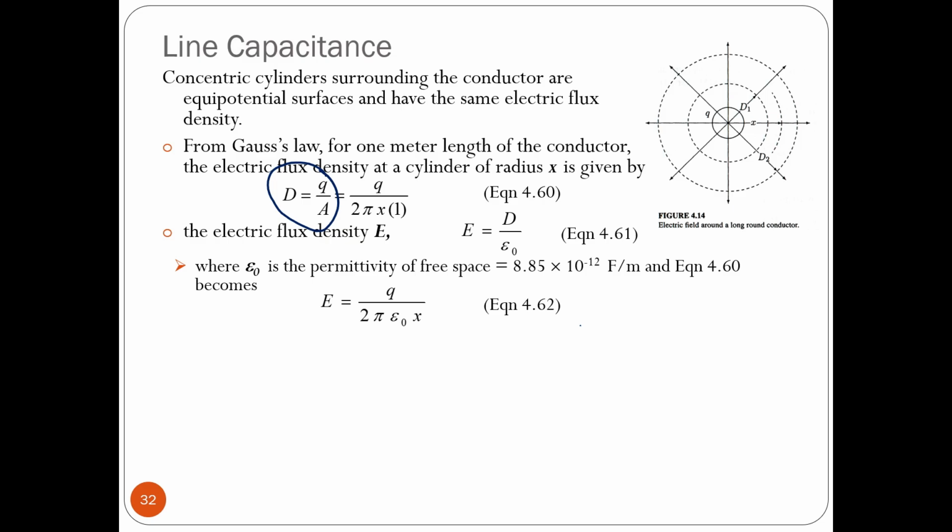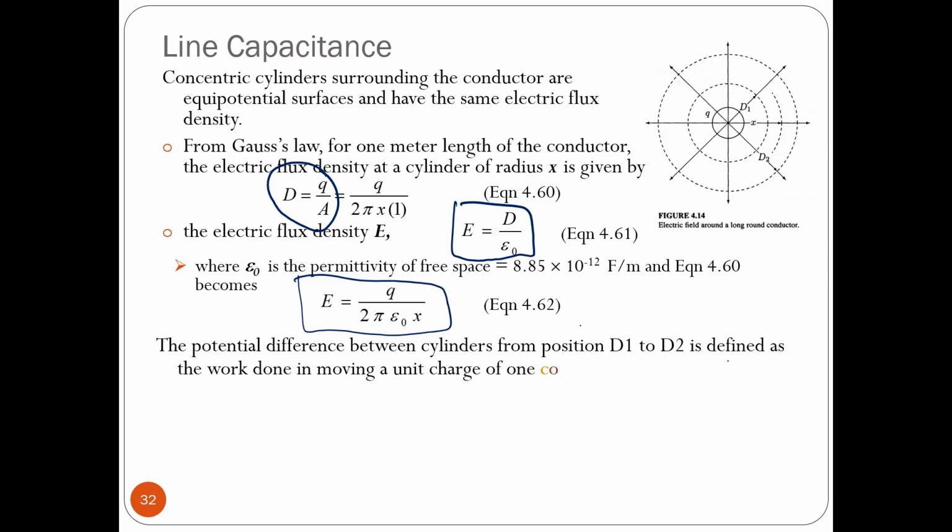E equals D over epsilon naught, where epsilon naught is the permittivity of free space, which is 8.85 times 10 to the minus 12 farad per meter. So based upon equations 4.6 and 4.61, we create equation 4.62, which is E equals Q over 2 pi epsilon naught x.